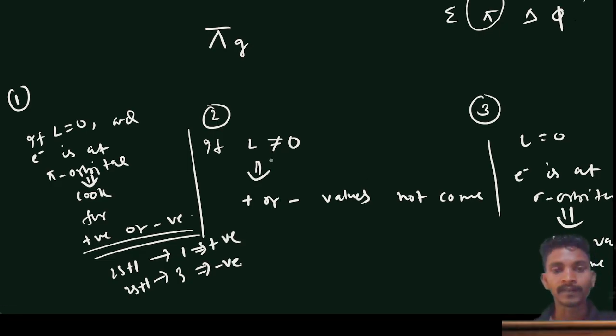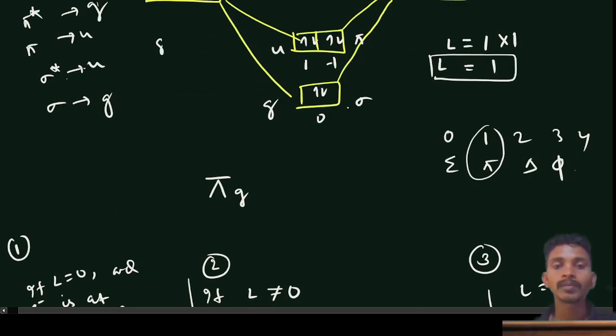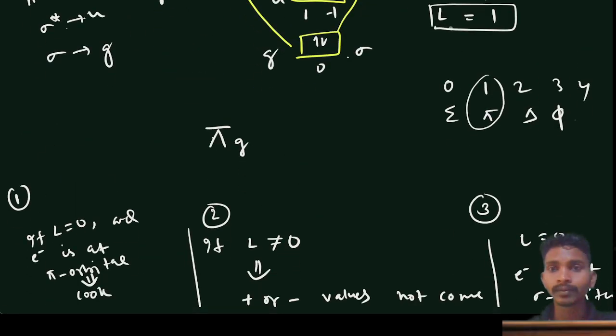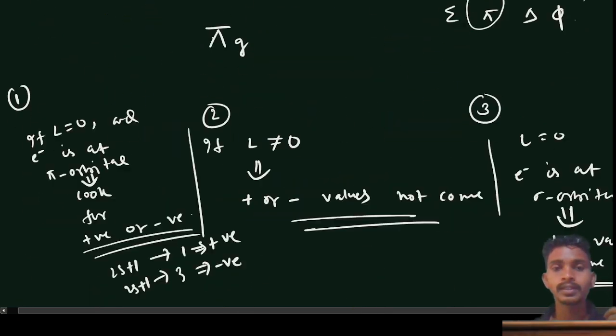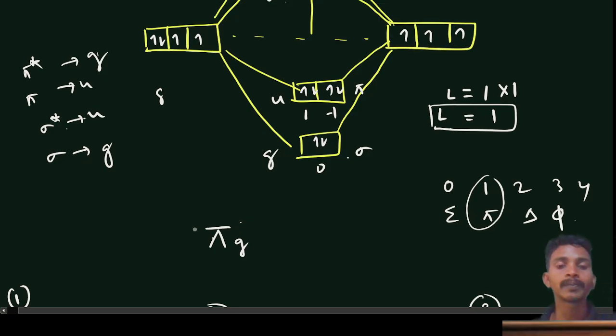If L is not equal to 0, I mean L is equal to 1, 2, 3, then positive and negative value will not come. If L equal to 0 and electron is at sigma orbital, then always positive value will come. So these things have to be remembered. Here L is 1, so positive and negative value will not come. So here we will not write positive or negative.